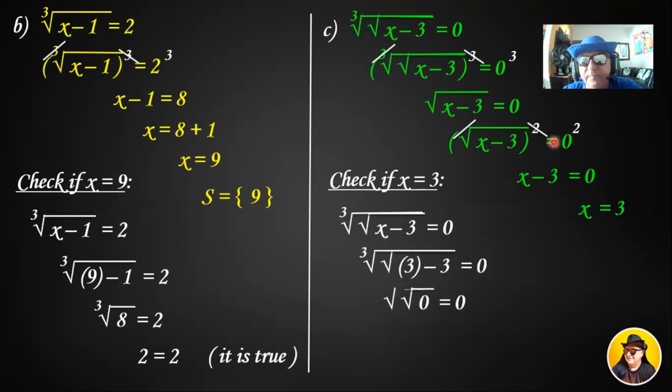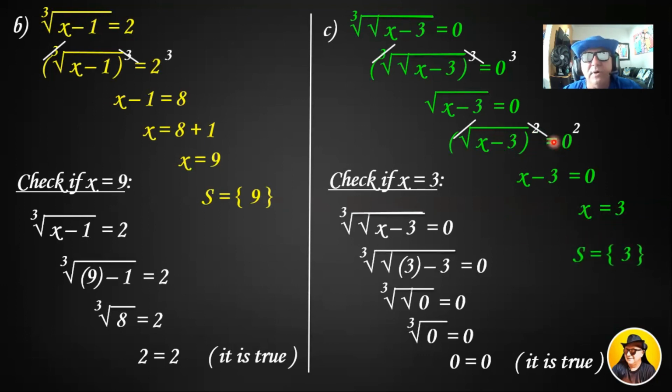The square root of 0 is 0. Now we have the cubic root of 0. Well, what's the cubic root of 0? It is 0 as well. So 0 is equal to 0. It is true. And so really, 3 is the answer of our question. So the solution set is 3.